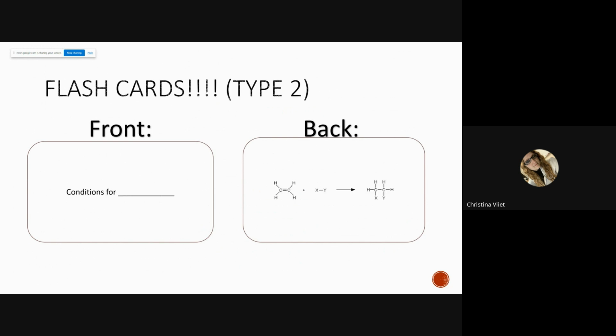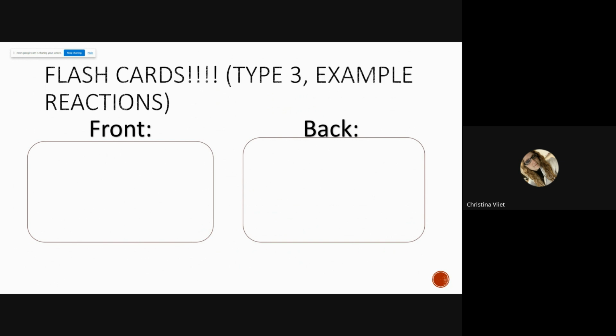The second one is the conditions for said type of reaction. What are we specifically supposed to know? For example, in free radical reactions, we know that this only happens if there is UV light. And finally, the last one is going to be an example reaction. So as we go through each one, we're going to do that. We're going to make one that's the reaction type and name, the one that's the conditions required, and the one that's an example reaction. So I'll come back to these to fill them in later.